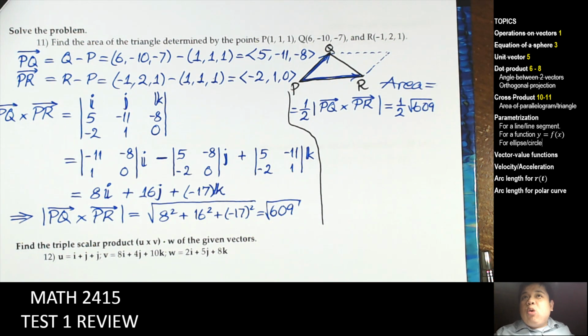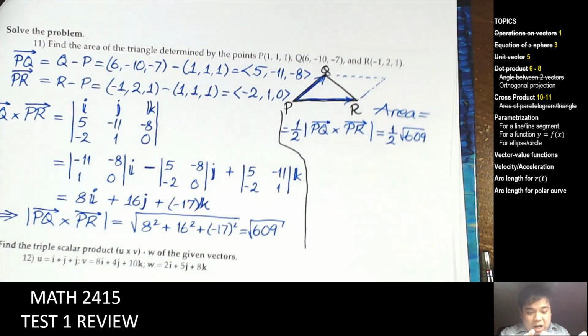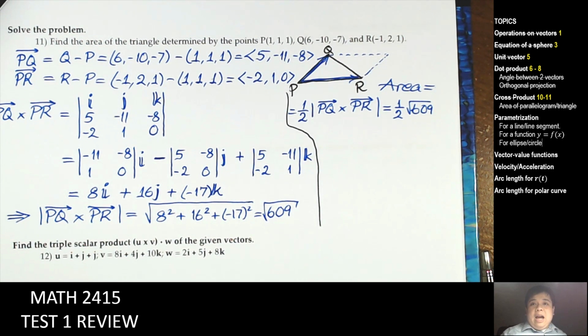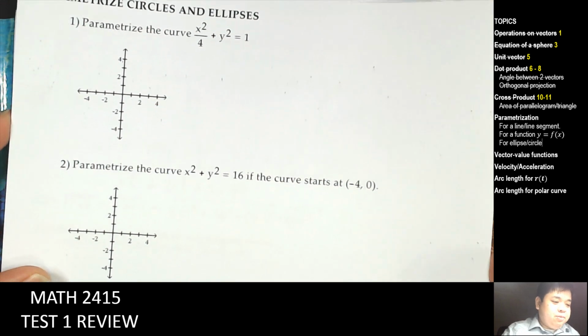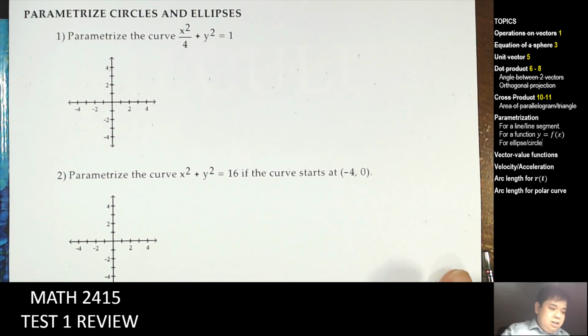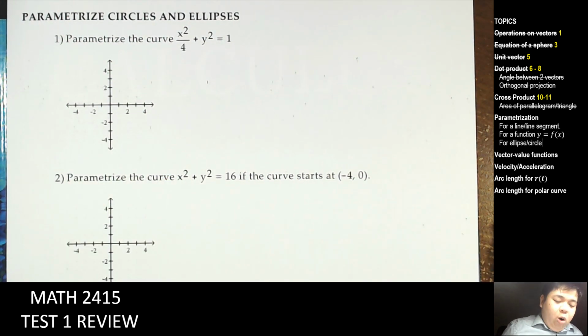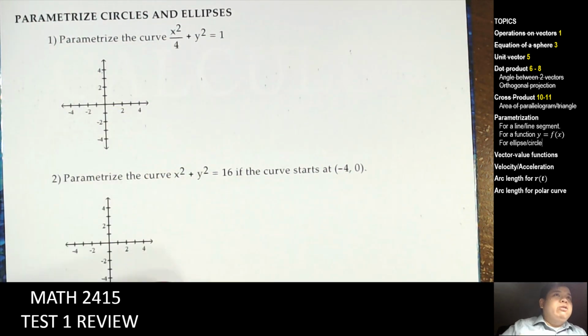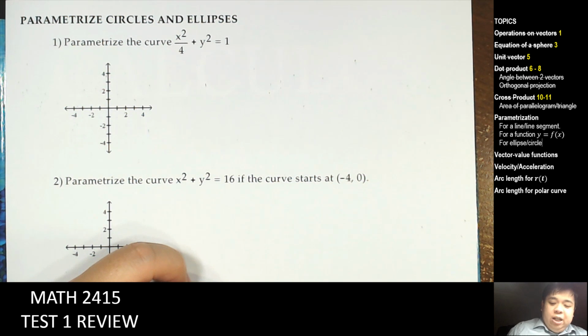Next we have parameterization of a circle or an ellipse. I forgot to put that on the review, so I'm going to prepare some other problem for it. So let's look at this set of problems. Parameterize the curve x squared over 4 plus y squared equal to 1.